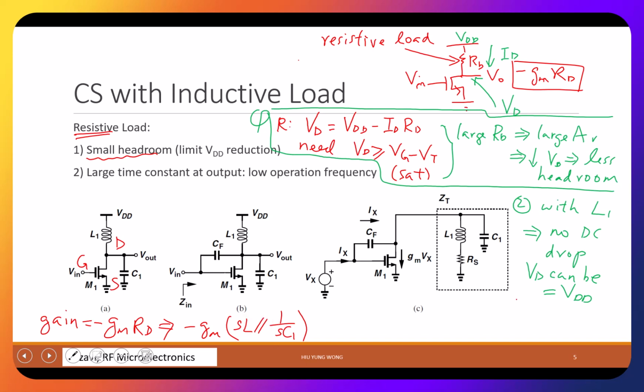Later we will talk about resonance, which is different, but the point is that we do have a gain. It's not just 0, if we don't think about the parasitic resistance, which we have not talked about yet. It also has a larger headroom because the DC bias now has almost no voltage drop. Okay?